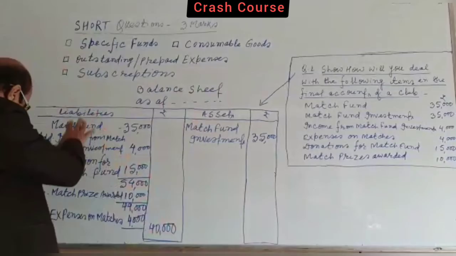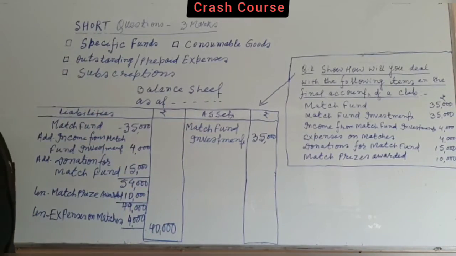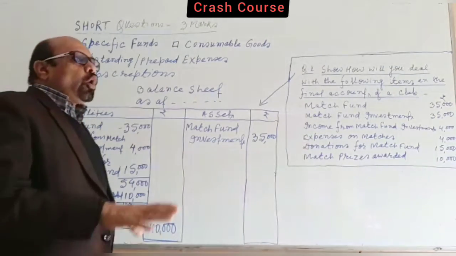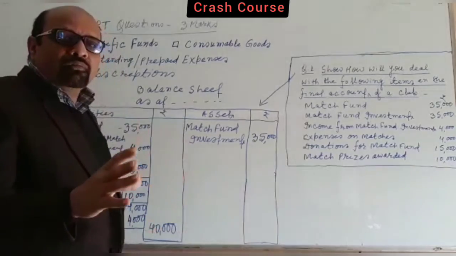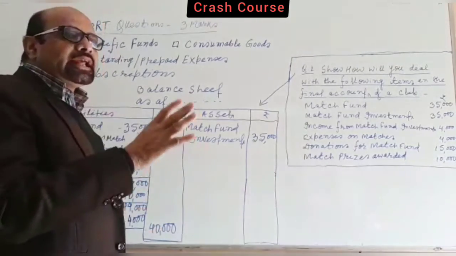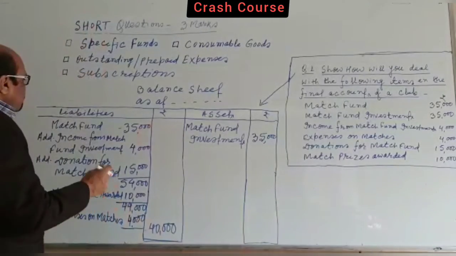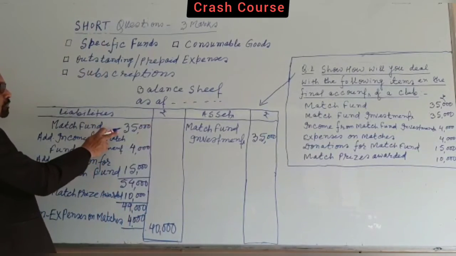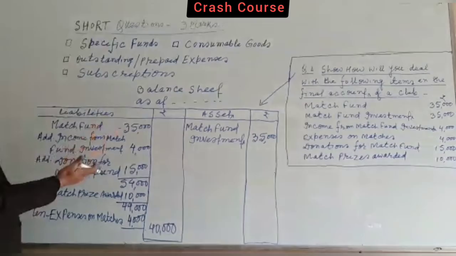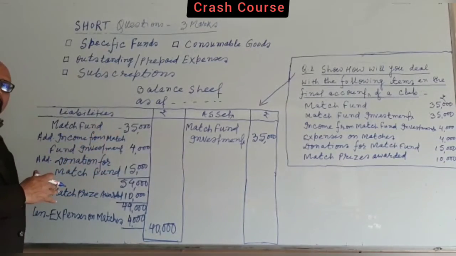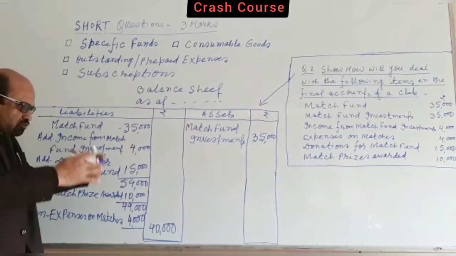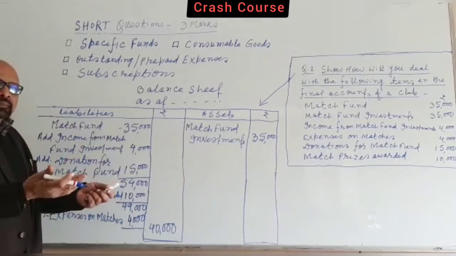So you show it in the liabilities side, because you know very well that all funds are a type of liabilities for any NPO. So see, match fund is how much? 35,000, and we receive income from where? From the match fund investment.